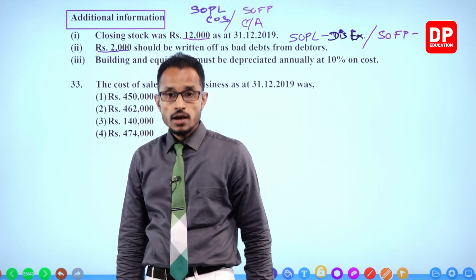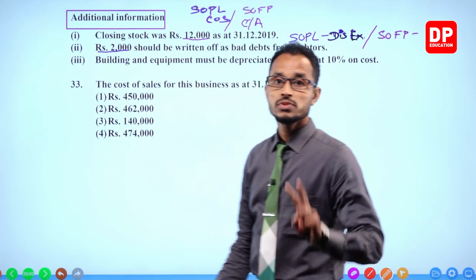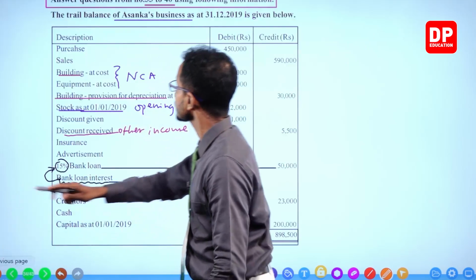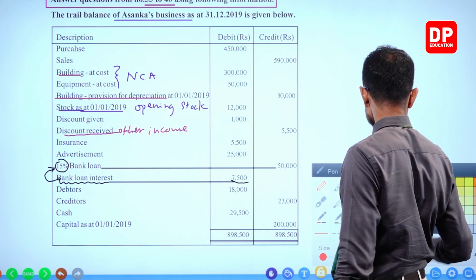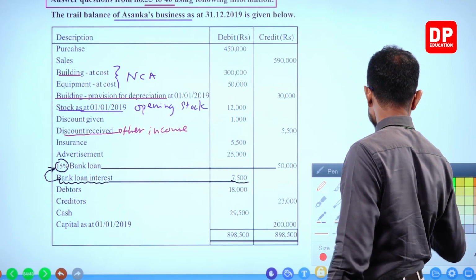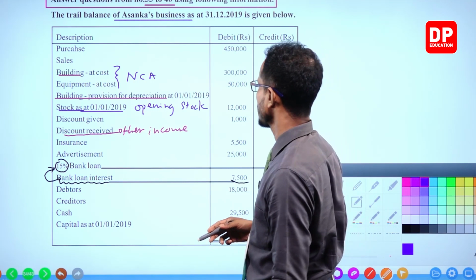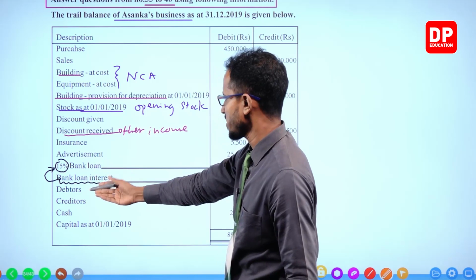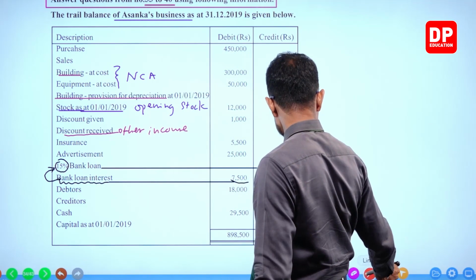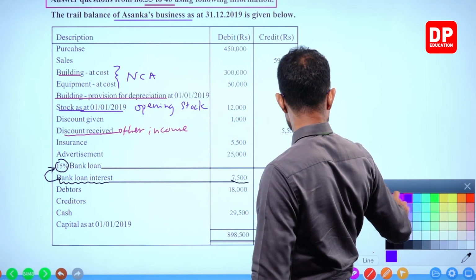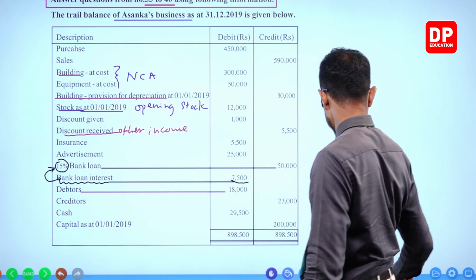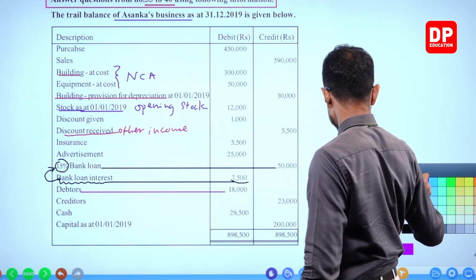Shall we do these two right now? Debtors. We have debtors right here. From debtors, we should subtract 2,000.